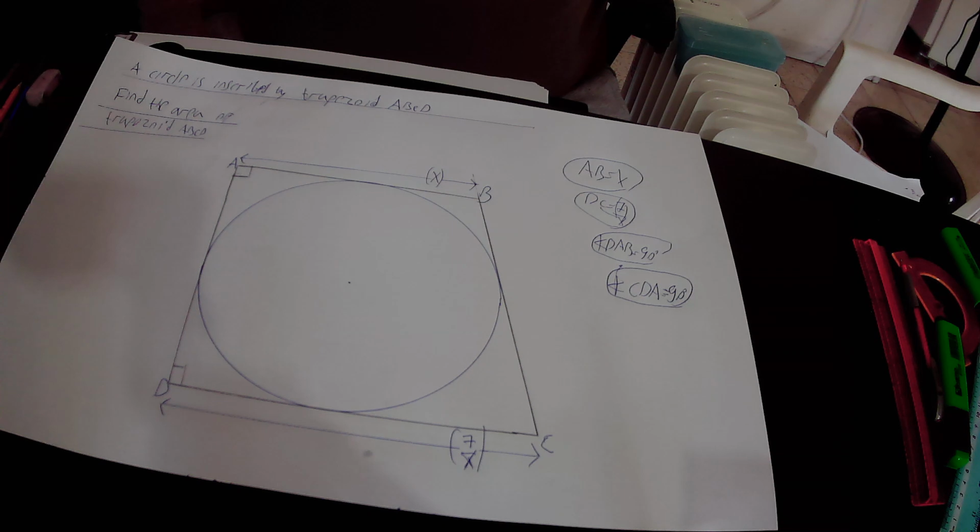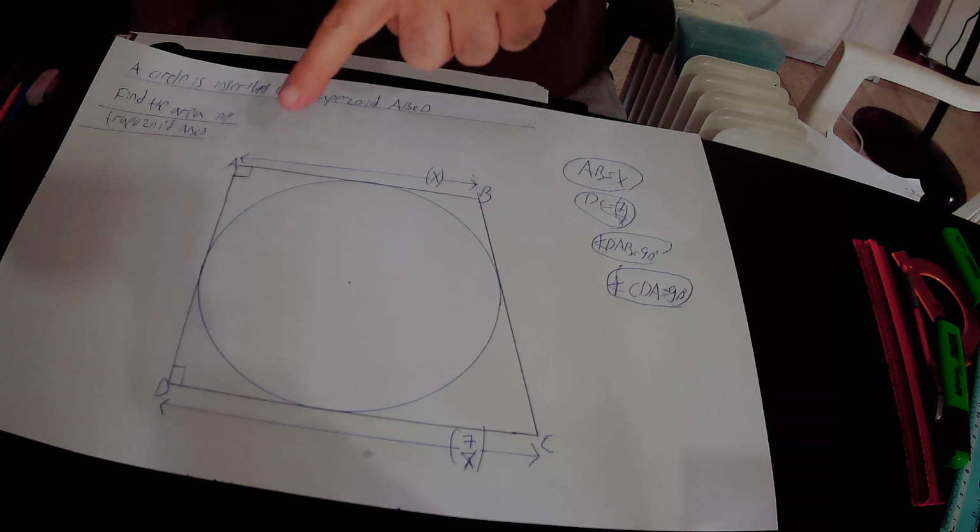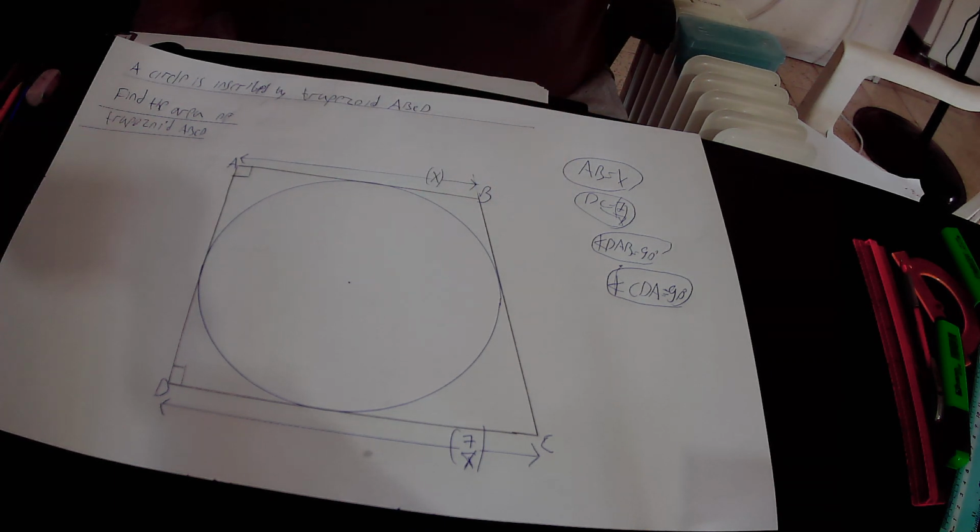So here, first of all, we will define the points of tangency of this trapezoid with the circle with letters.